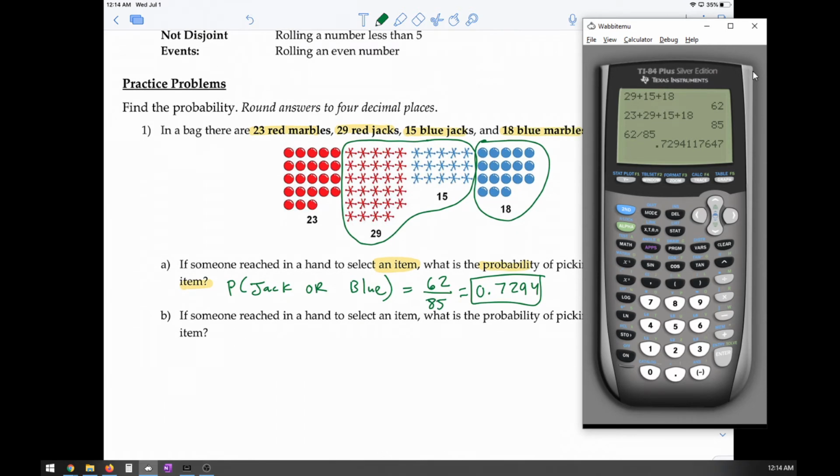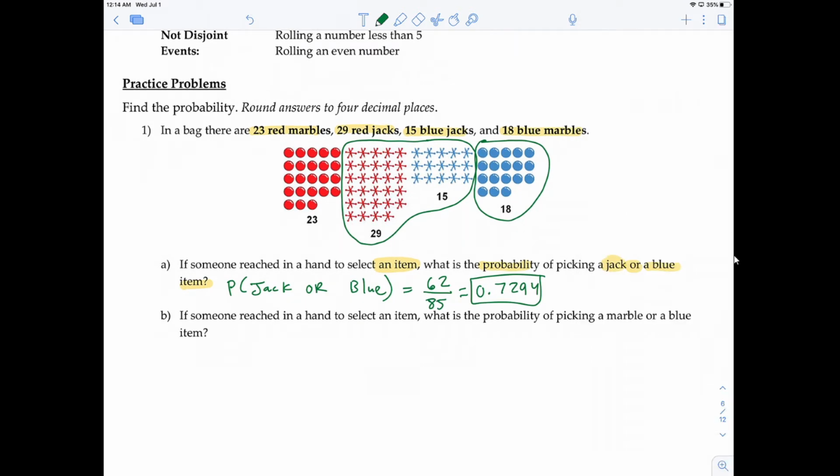All right. Let's take a look at the second one. If someone reached in a hand to select an item, again one item, what is the probability of picking a marble or a blue item? So again, we're not going to double count, so we're not going to use the addition rule.